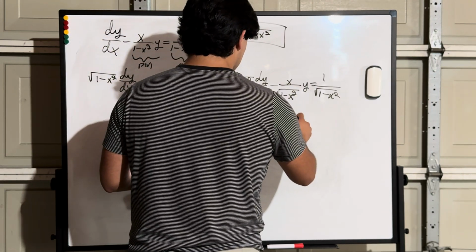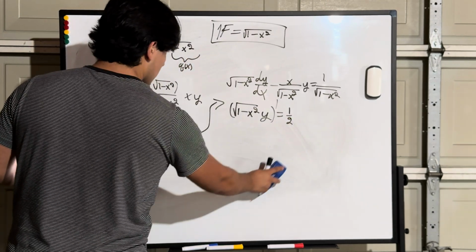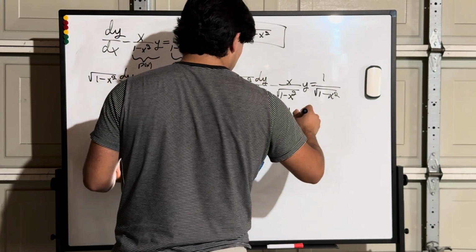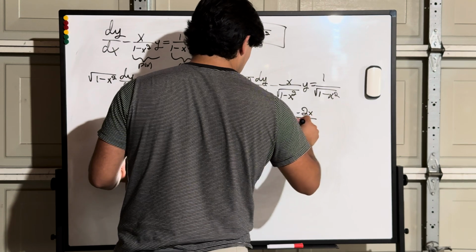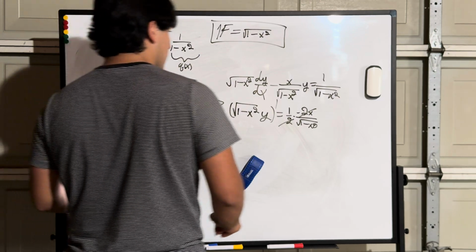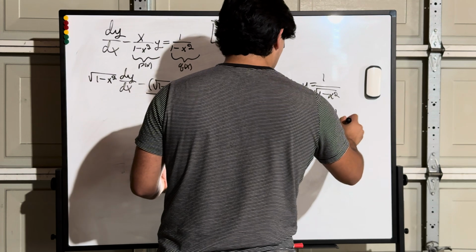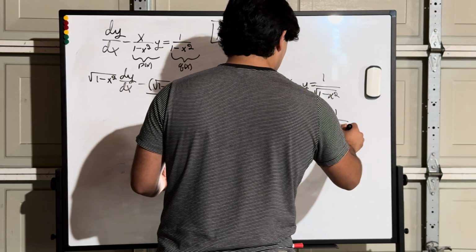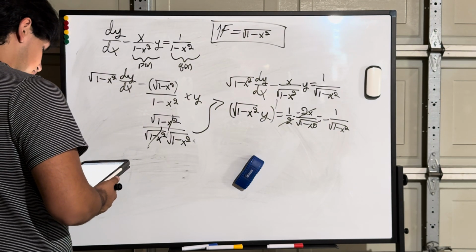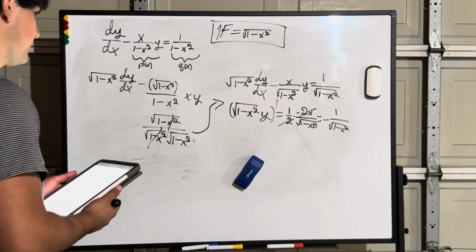That's 1/2 times negative 2x. All right.